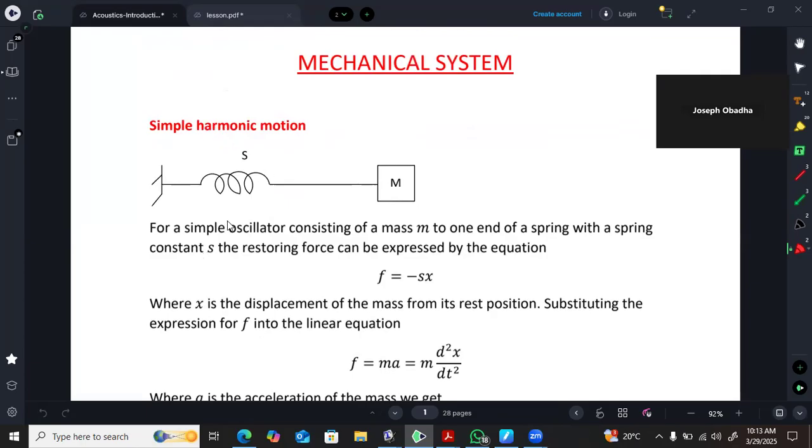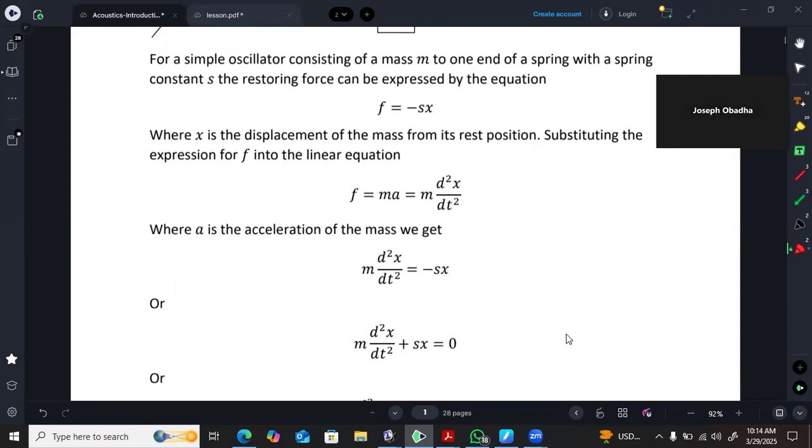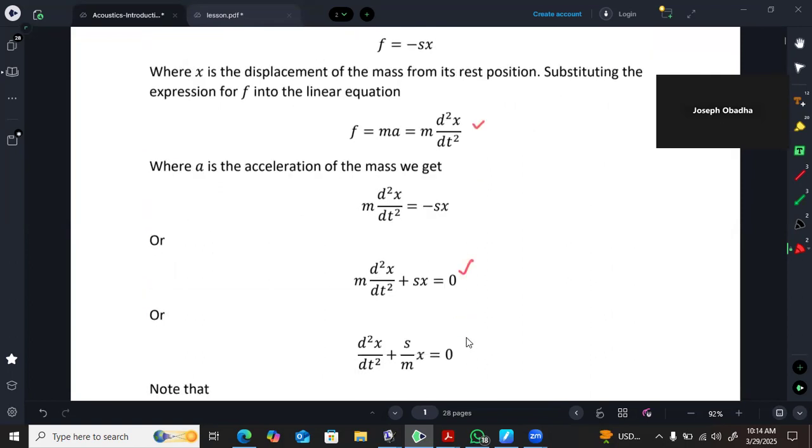You have a simple harmonic motion, you just have the spring, carrying a constant S, and a mass M. Then for a simple oscillatory motion, where we have mass M tied to one end of the spring with constant S, the restoring force can be given by this, which you have seen would eventually come to this, and then this.